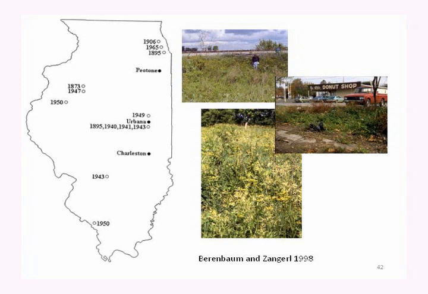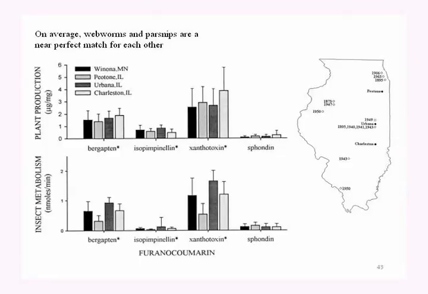We examined the chemistry of the plants and the insects, and found in every population there's a remarkably good correspondence of the chemical profile of the plant and the detoxification capacity of the insect. So there's matching of the ability of the plant to defend itself and the ability of the insect to circumvent those.